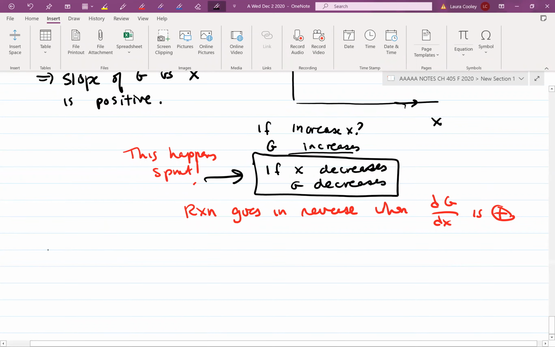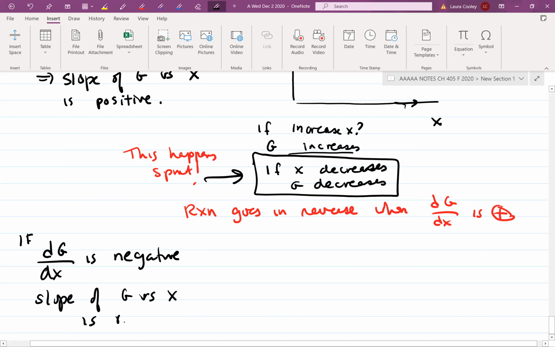And then I'm just going to write the opposite thing. If dG/dX is negative, then the slope of G versus X is negative. So if I have a graph of Gibbs function versus X, slope is negative.